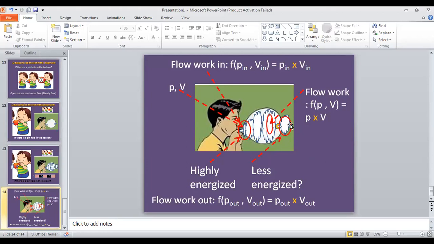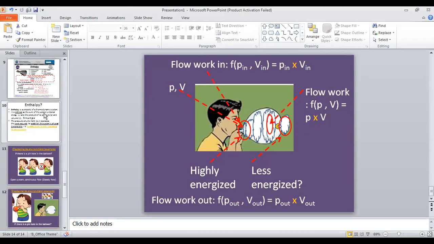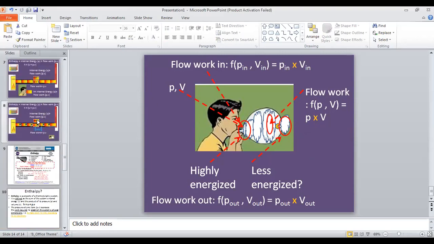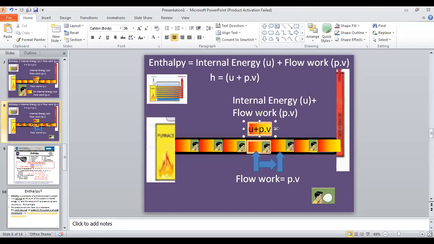So there is something like a pushing effect. You can see the same PV effect is possible. But imagine in and out, the PV is done, PV is done, okay? So here, the total energy comes out.